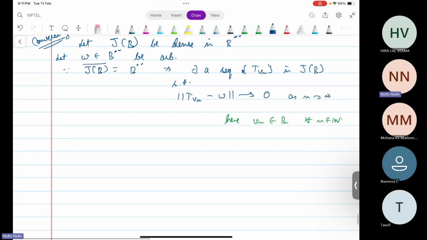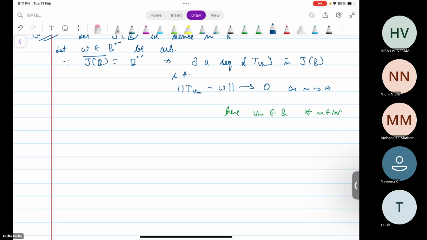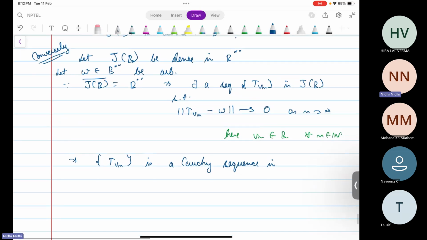Now, we all know that a convergent sequence is always Cauchy. This implies Tvn is a Cauchy sequence in V star star.